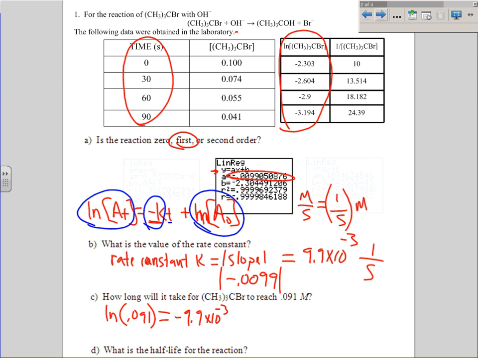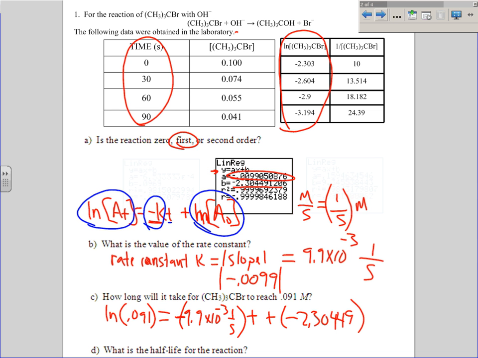And remember, my units of k here were inverse seconds. Don't forget that negative there. That times t, which is my unknown, plus my y-intercept. And remember, my y-intercept is right here. It is plus negative 2.304491 and some other stuff. That should be far enough.